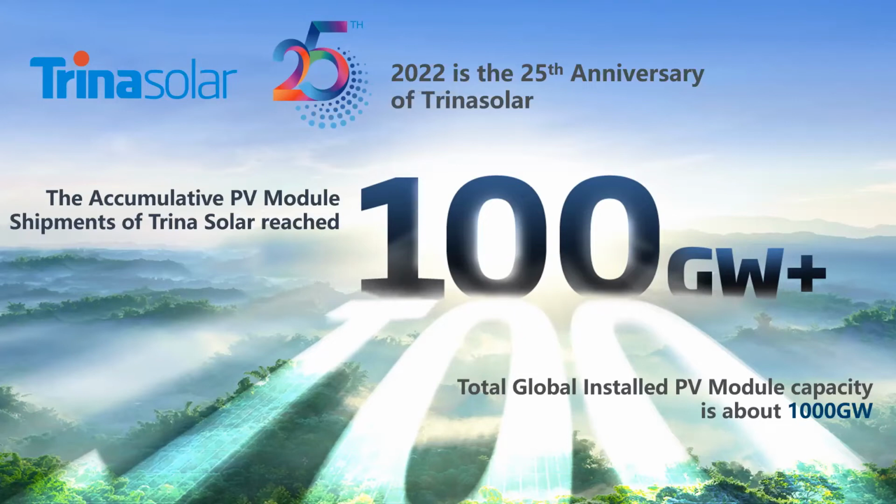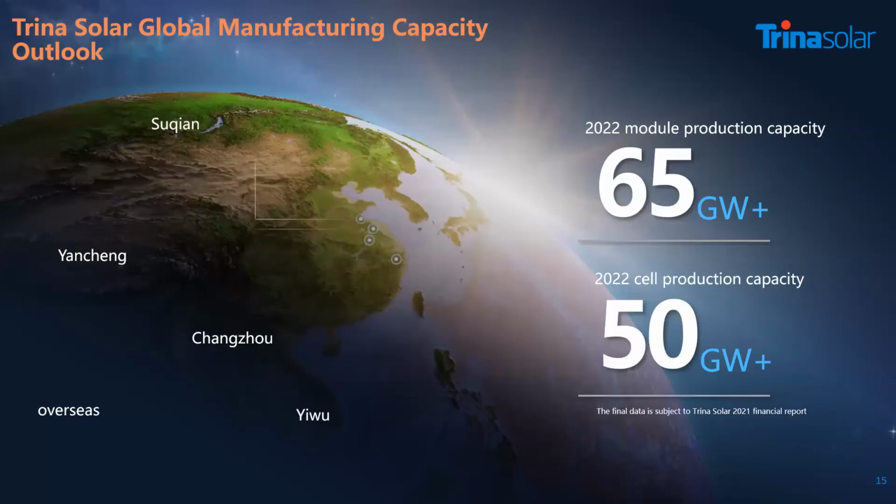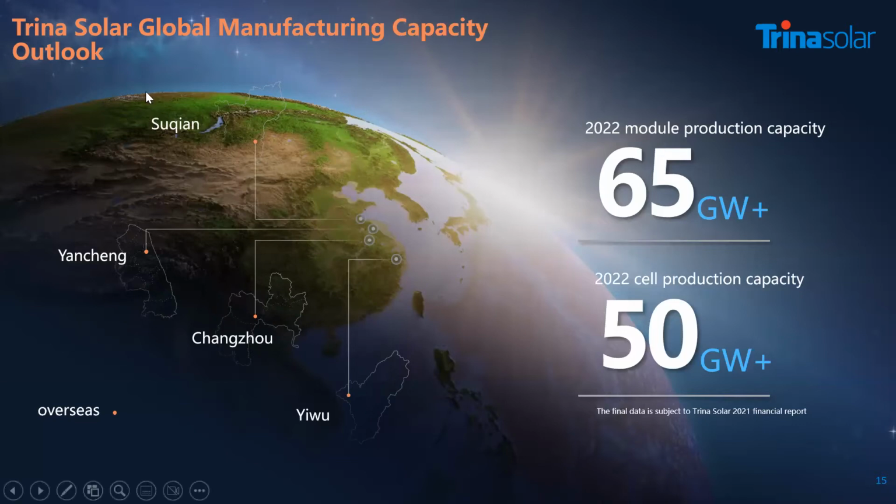And I think in last May of this year, the threshold for the solar installed capacity globally is around 1 terawatt, and Trina Solar covers 10% of that number. So moving on, our production capacity for this year is around 65 gigawatt for the module, and our cell production is around 50 gigawatt. So this shows how big Trina Solar is in terms of its market sizing and range.